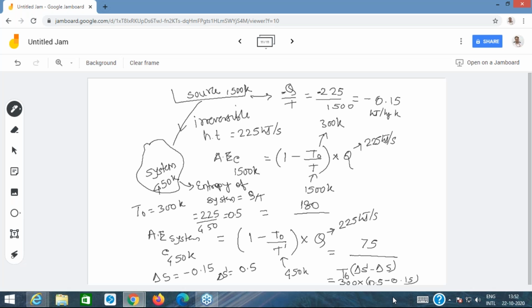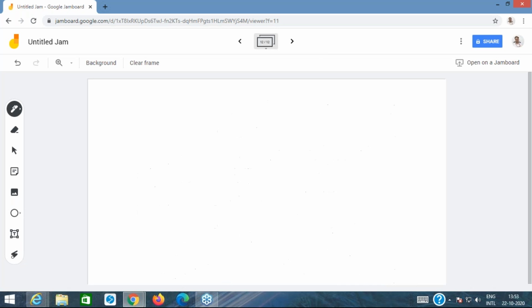So our attempt should be to make sure that, for example, this problem you can solve again by assuming the system to be at 1000 Kelvin. We had solved this numerical, so you can do a thought exercise. Take the same value. For example, a source is at 1500. The heat transfer is the same, that is 225.